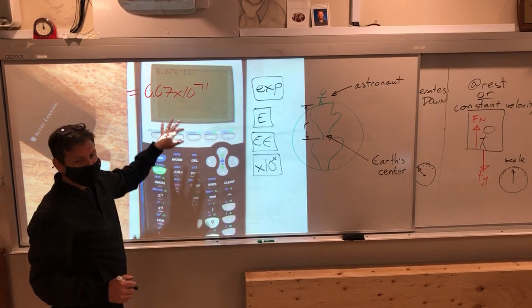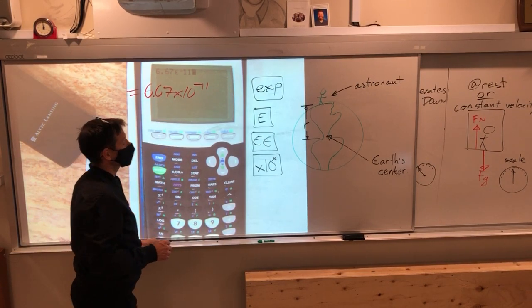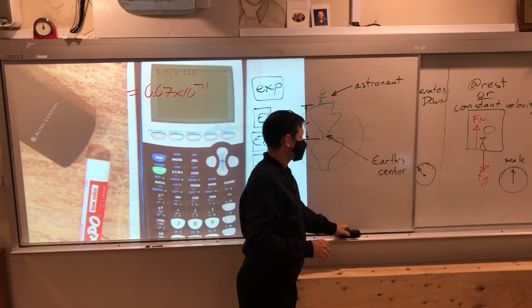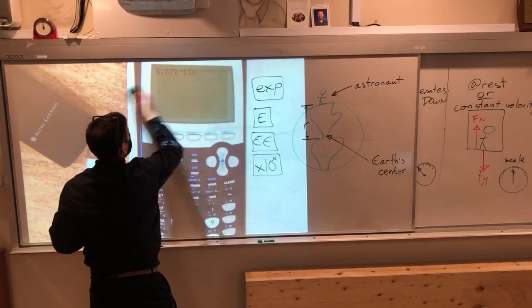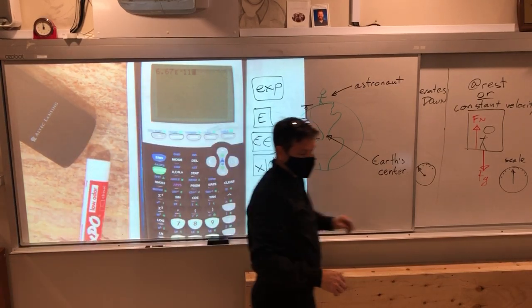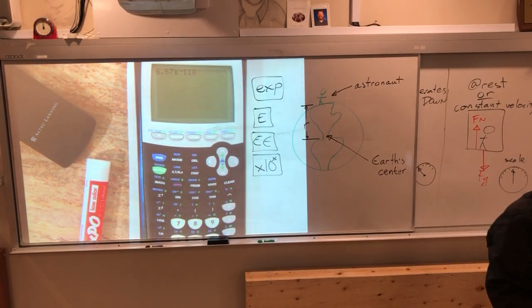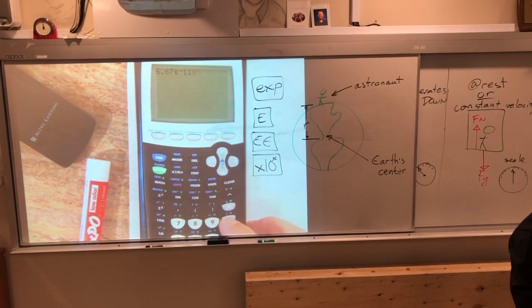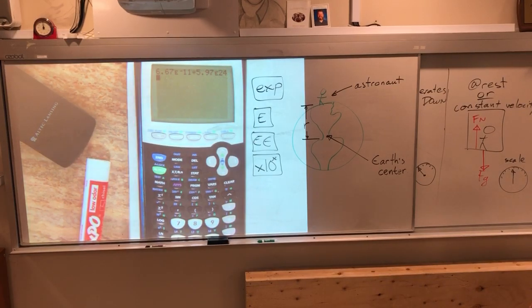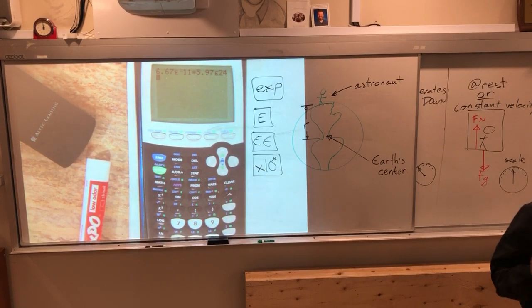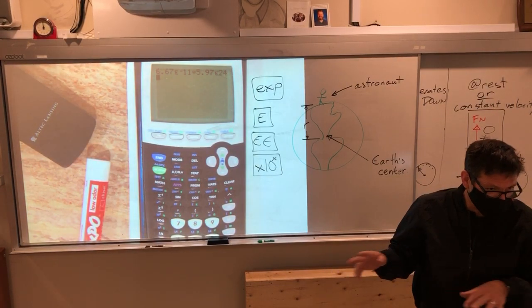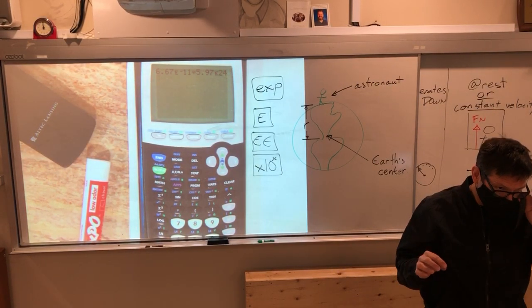Let's multiply this by the mass of the Earth. If you go times, and this is 5.97 times 10 to the power of 24, that's the mass of the Earth. And then before I put in the mass of the astronaut, I'm going to do something weird, just to show you.